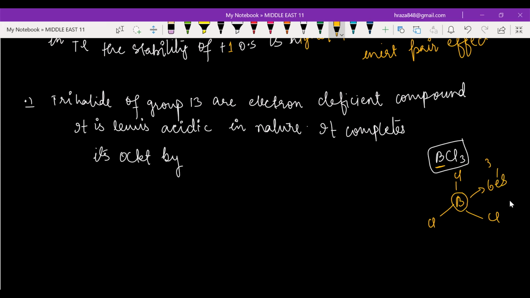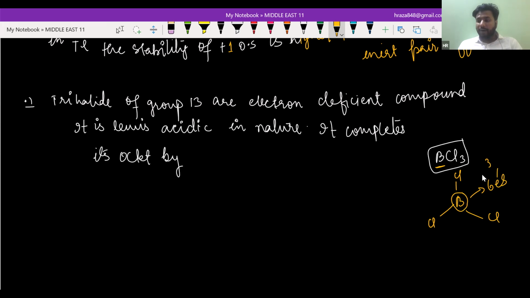And how many electrons should an element have to be stable? 8. So it is less than 8, that means electron deficient molecule. Whenever there are fewer electrons, that molecule requires electrons, it will take from somewhere, and whenever a molecule gains or withdraws electrons, that is a Lewis acid. That's why it is Lewis acidic in nature.